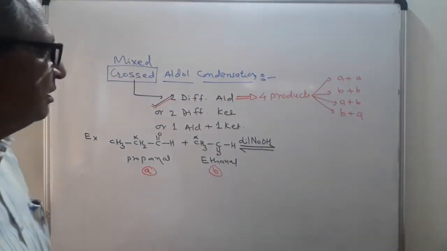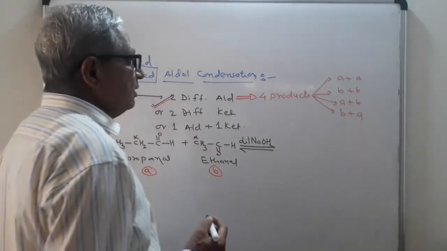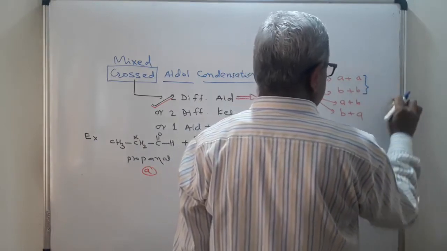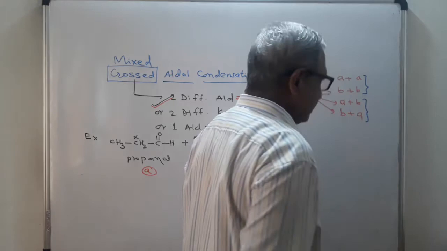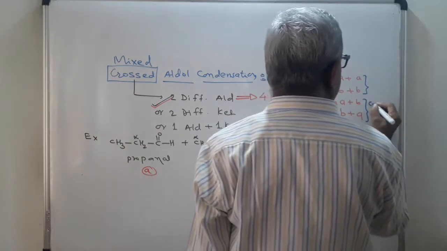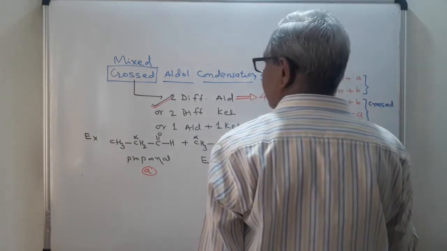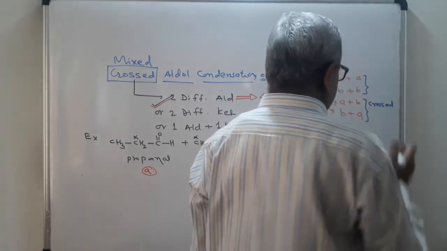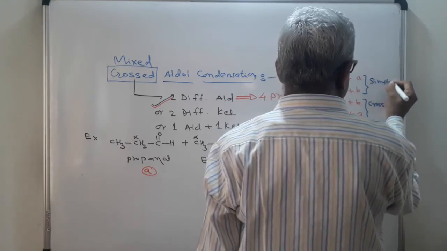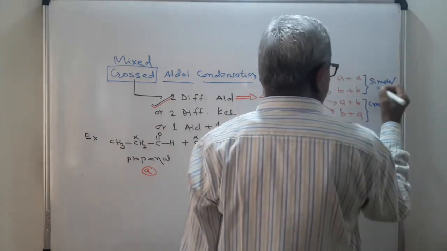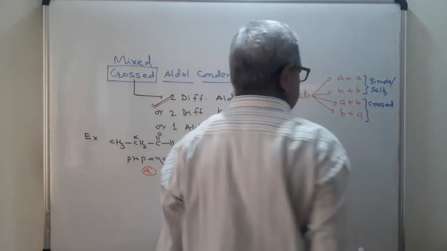Now see in detail. This combination is known as cross aldol condensation, and this is known as simple aldol condensation, also called self aldol condensation.